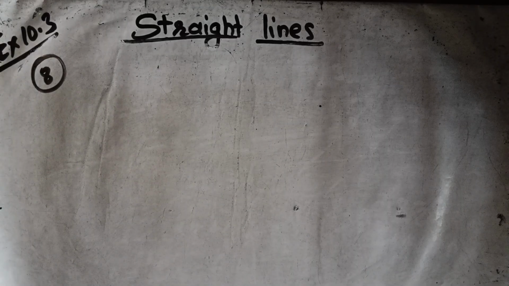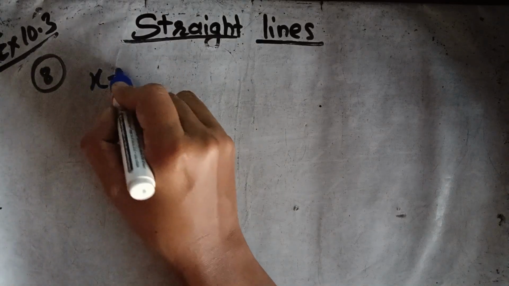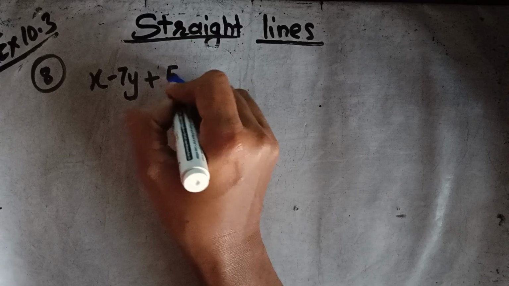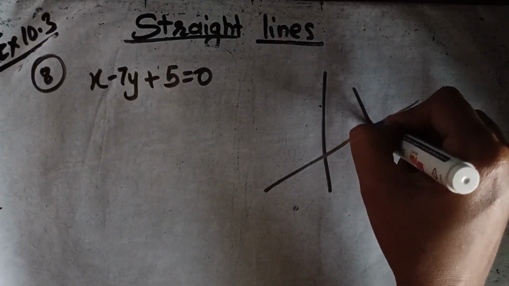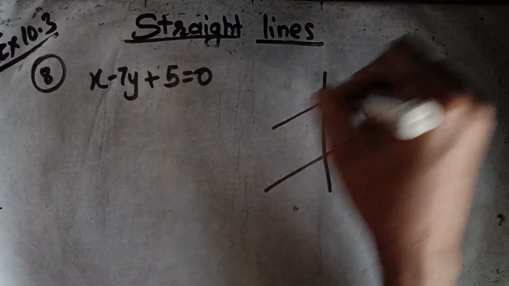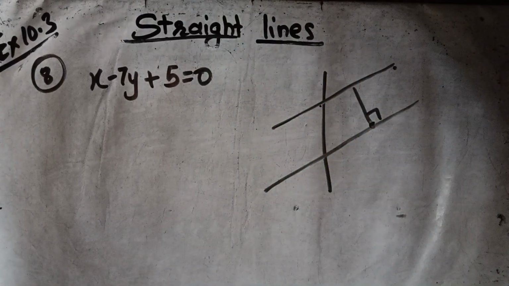Eighth question, find the equation of the line perpendicular to the line and having x-intercept 3. Okay, so the line is given. So there is one more line which is perpendicular to this line. X-intercept at 3.